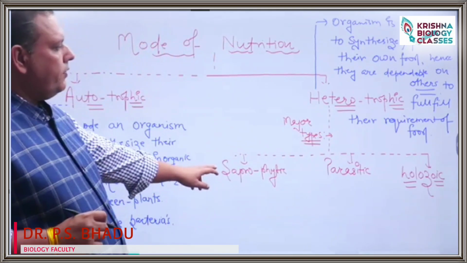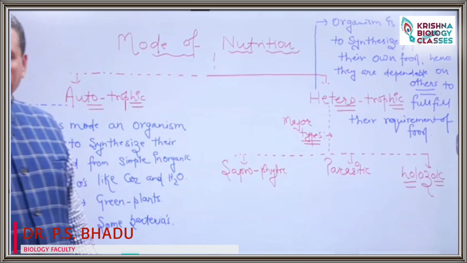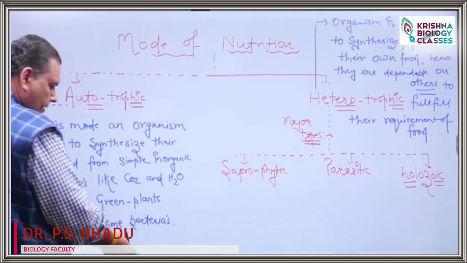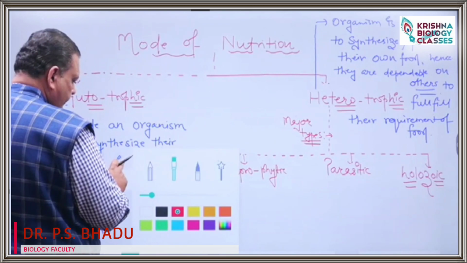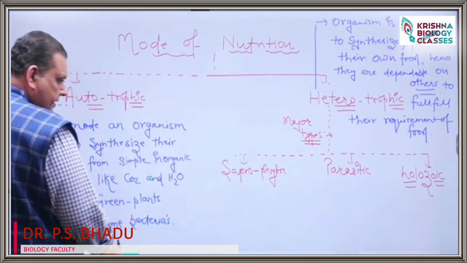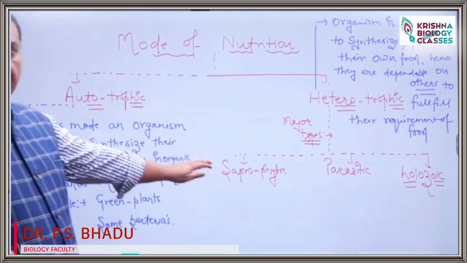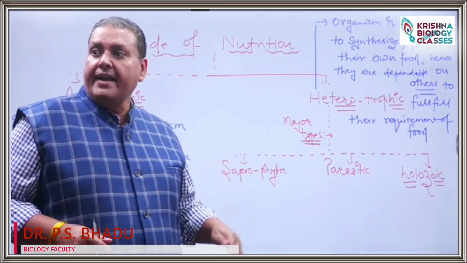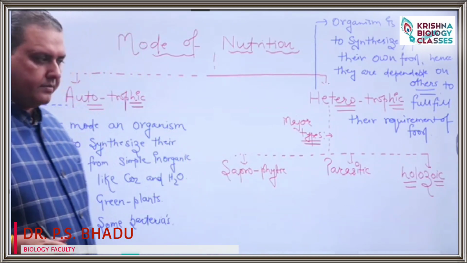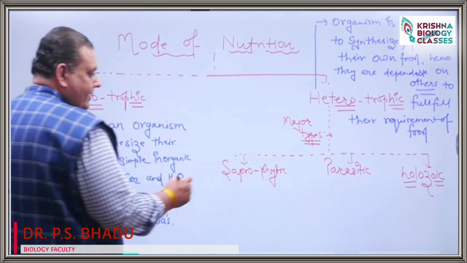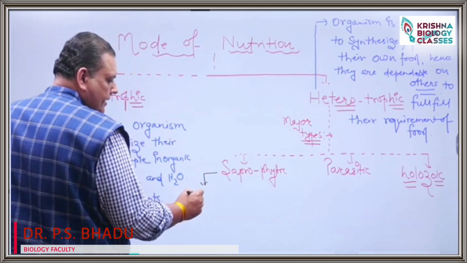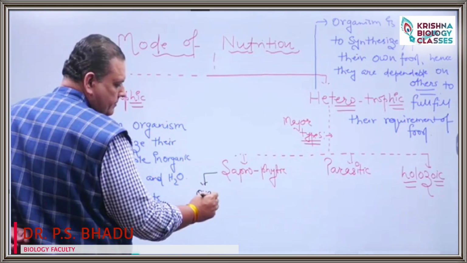In saprophytic mode, an organism is dependent on dead or decaying materials, meaning on dead plants, dead animals.